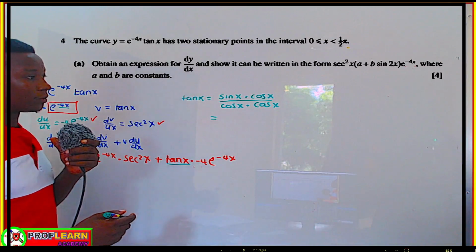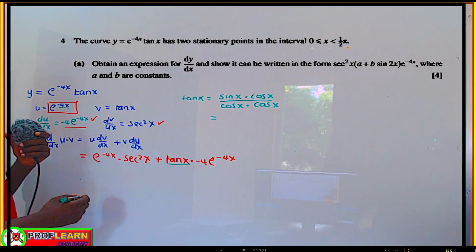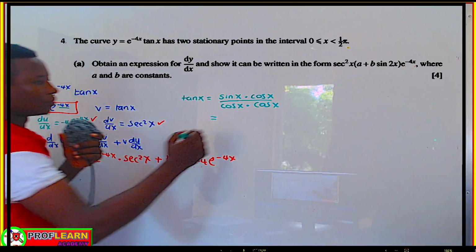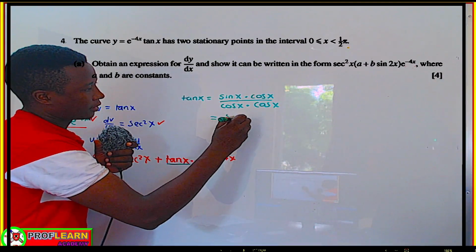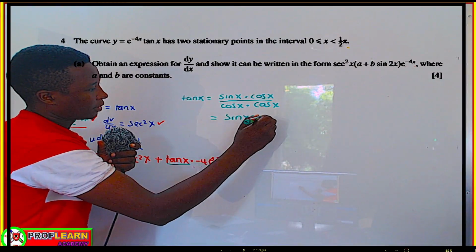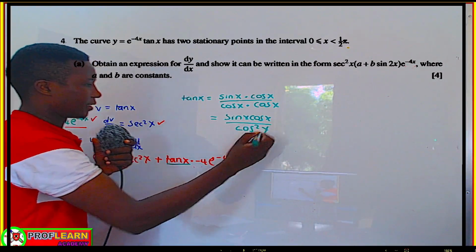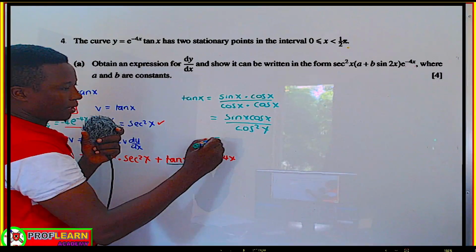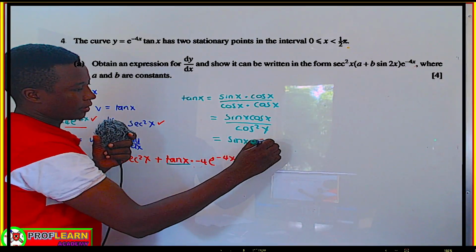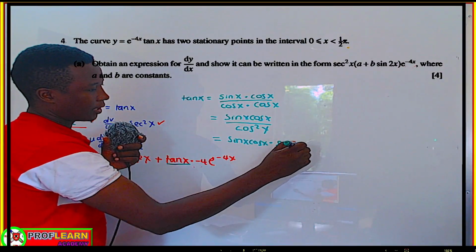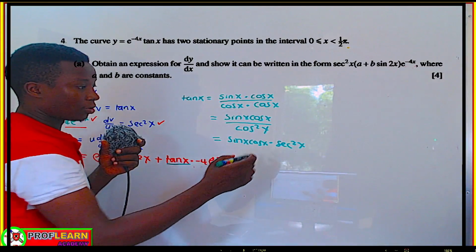So which means that this tan x can be given as sine x cos x over cos squared x. And this means we can say this is sine x cos x times sec squared x, because 1 over cos squared x is actually sec squared x.